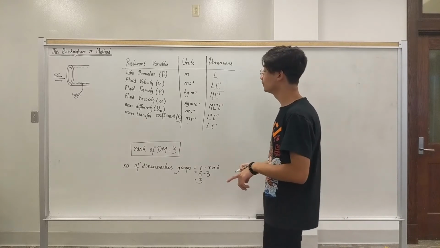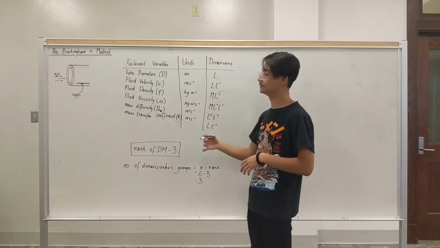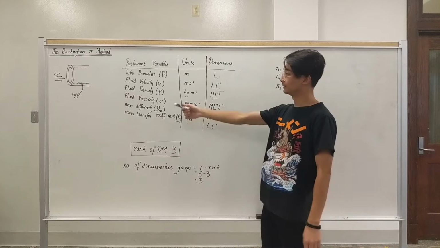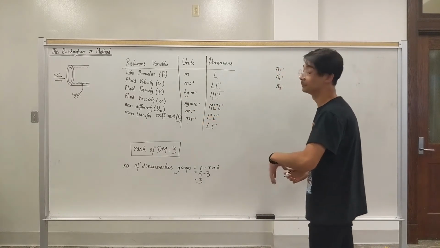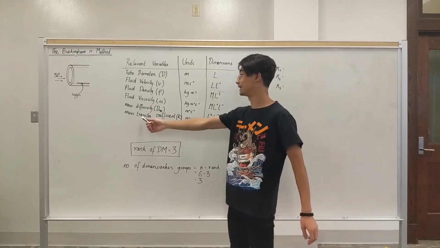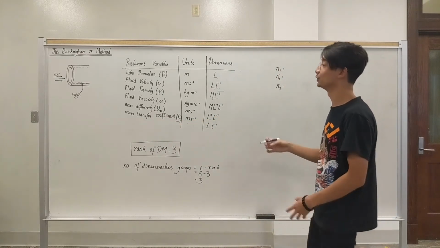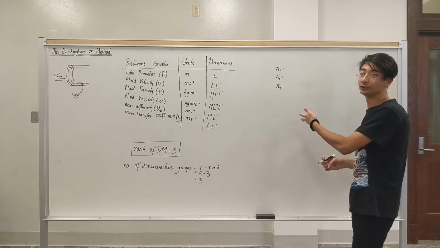Another thing to note, although this is not a rule, is that it's always wise to not keep the variable that we're most interested in in our core group. A mass transfer is happening here, so the variable that we're most interested in is the mass transfer coefficient. So we will not put that in the core group because we don't want this variable appearing in all of our dimensionless groups.